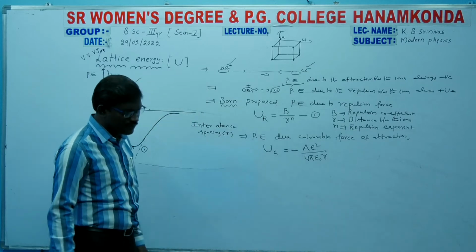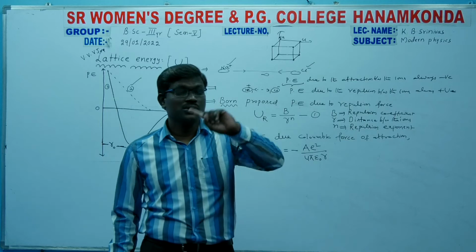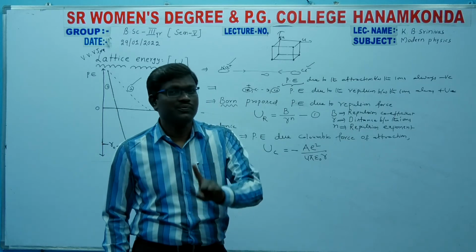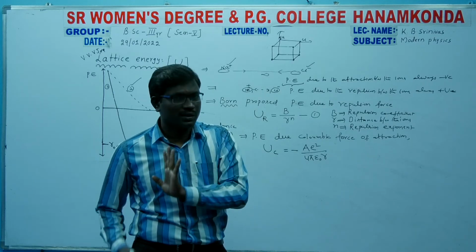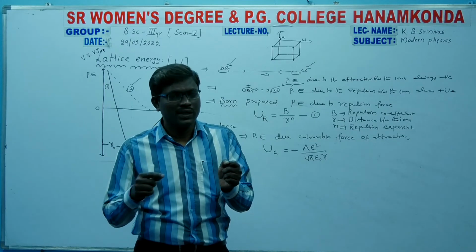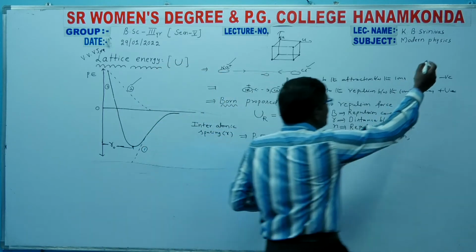Already I have derived the expression for potential energy when two charges are separated by a certain distance as 1 by 4 pi epsilon naught Q1 Q2 by R. Potential energy due to two charges when they are separated by distance small r, its value is equal to how much? Remember that formula.